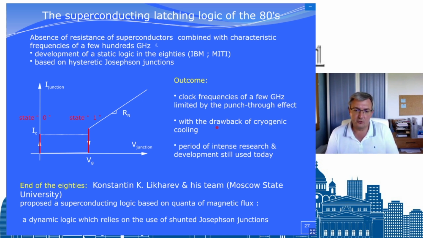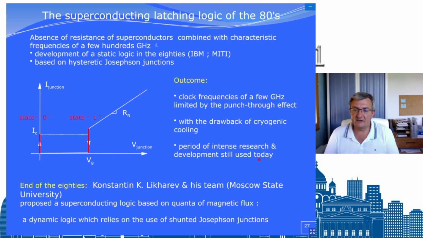But anyway, after this happened, mostly in the United States and Japan, the team of Konstantin Likharev understood that it didn't work very well because we mimicked semiconductors, basically, with these two states.